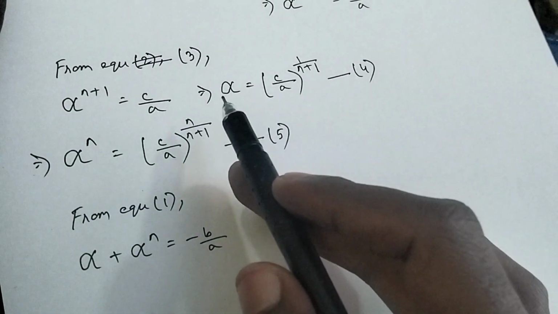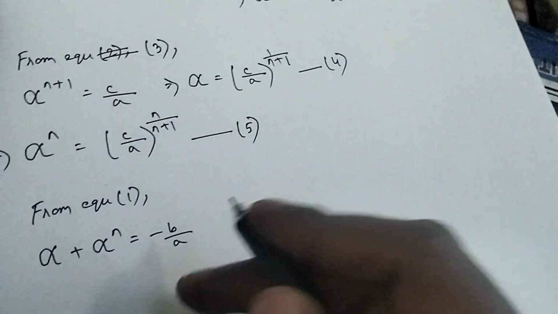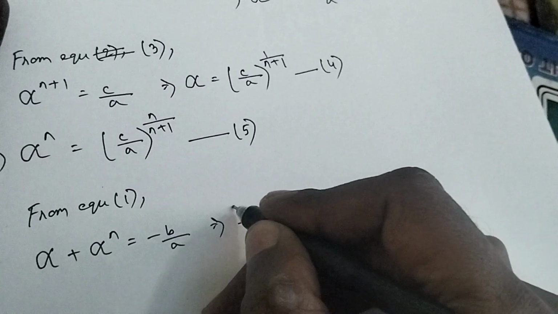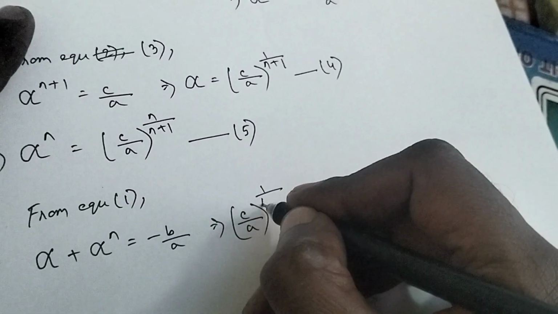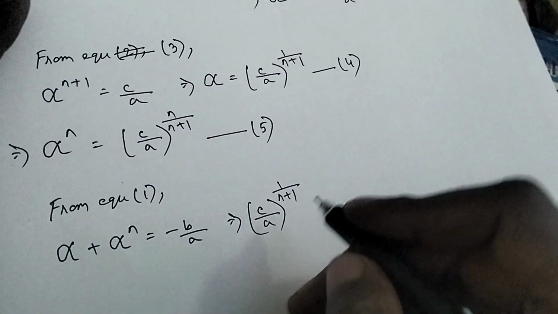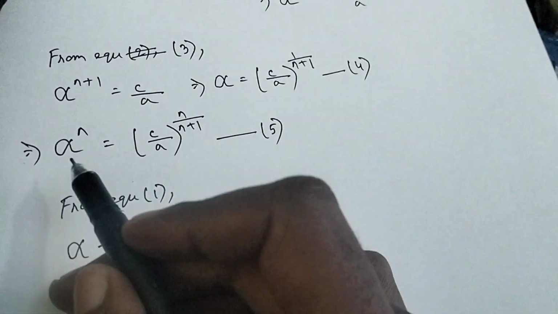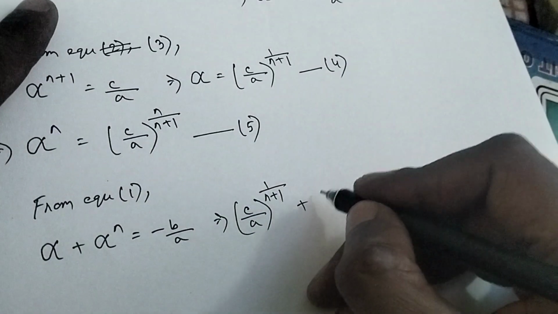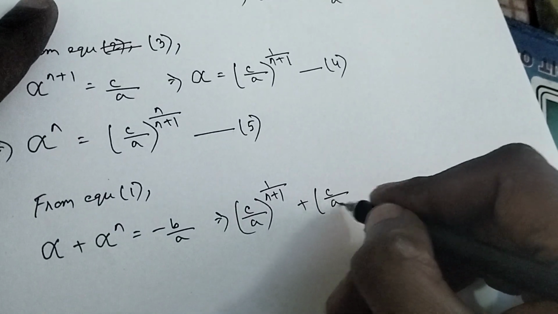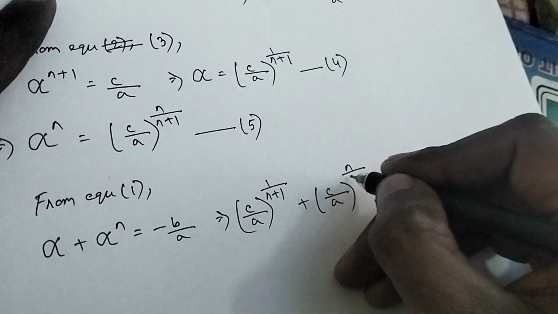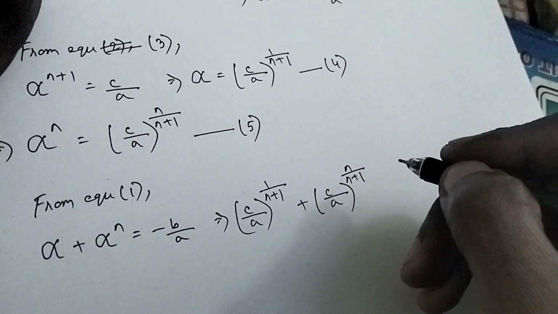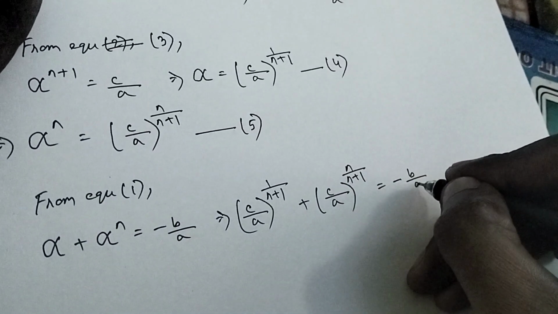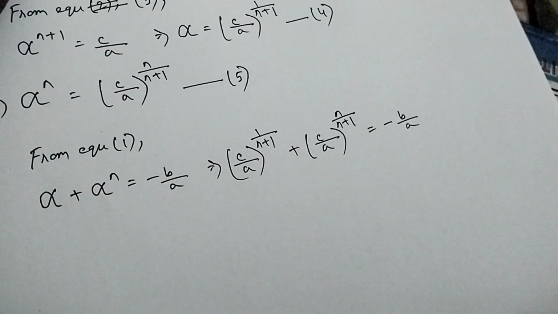We'll replace alpha by this value, c by a to the power 1 by n plus 1, plus we'll replace alpha to the power n by this value, c by a to the power n by n plus 1, is equal to minus b by a, right?